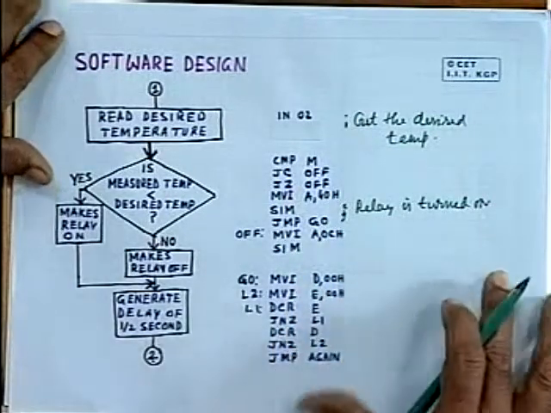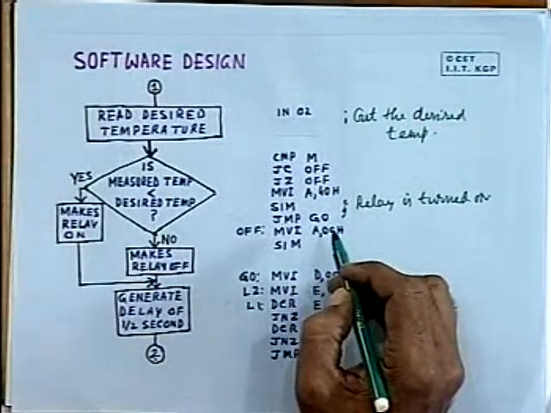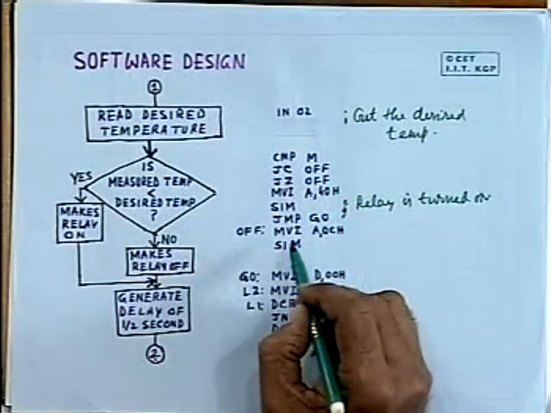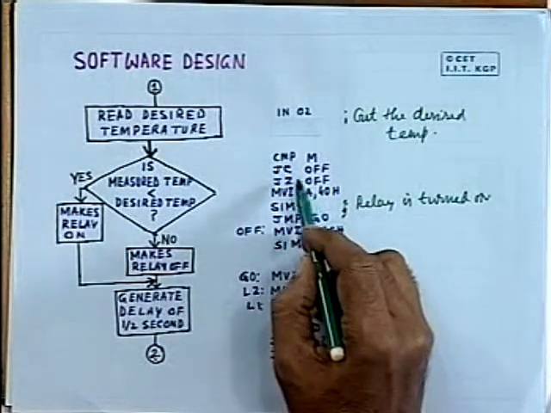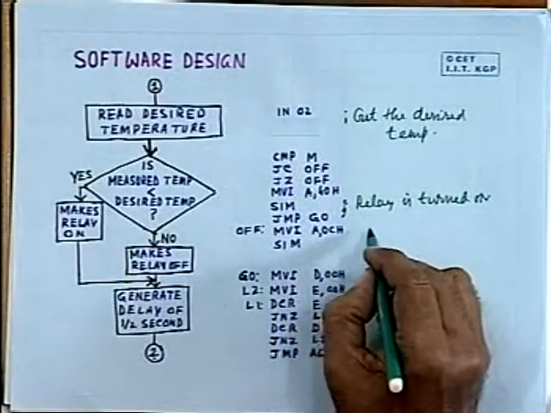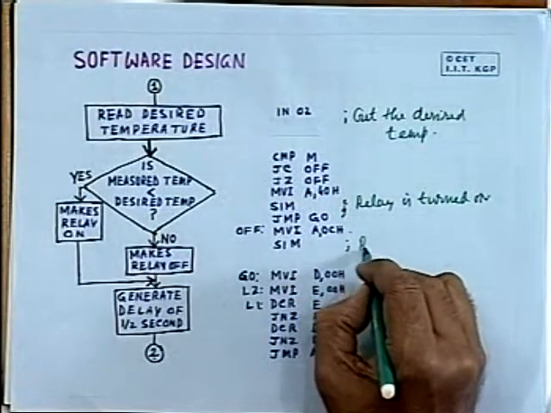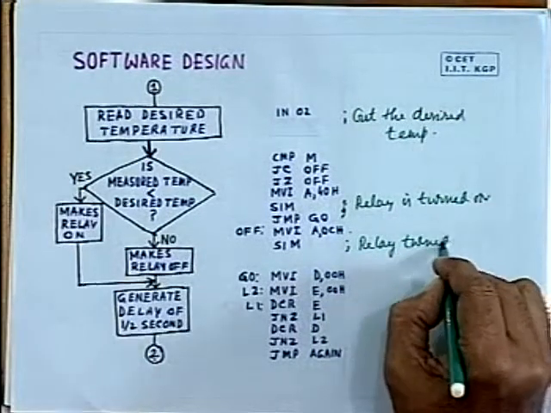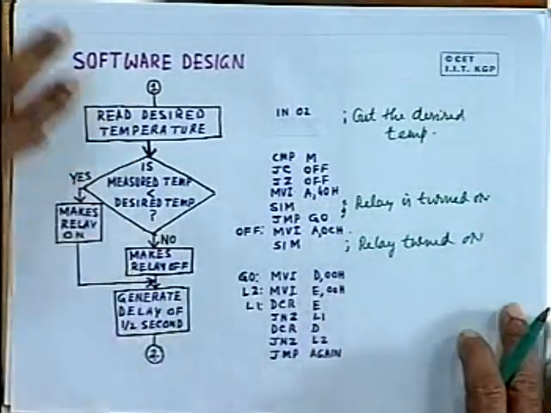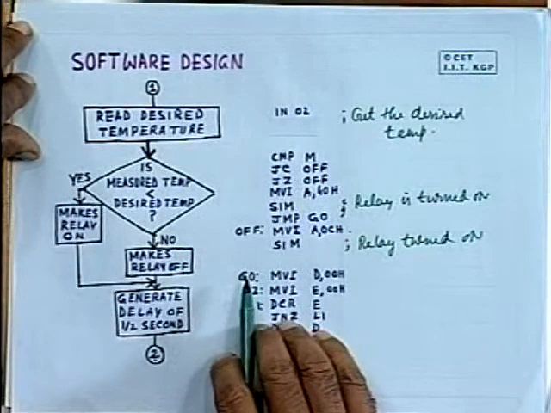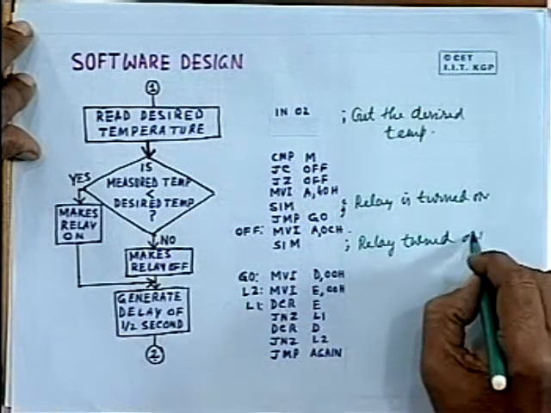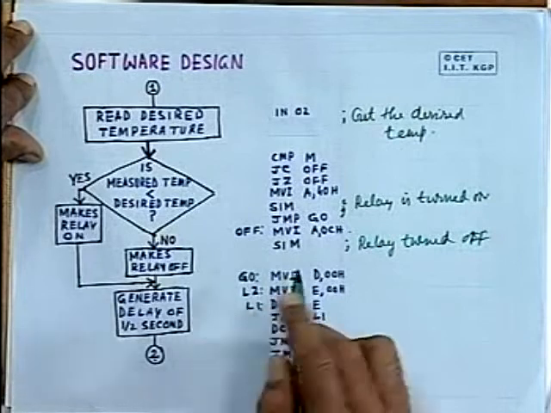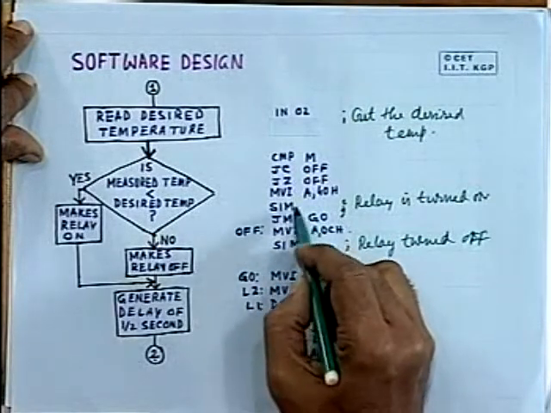So you are going to off whenever the temperature is either less than or equal to. So in this case, your relay is turned off. When it is more, then you are turning the relay off. Sorry, here you are turning the relay off. So this makes the relay off, and here it makes the relay on.